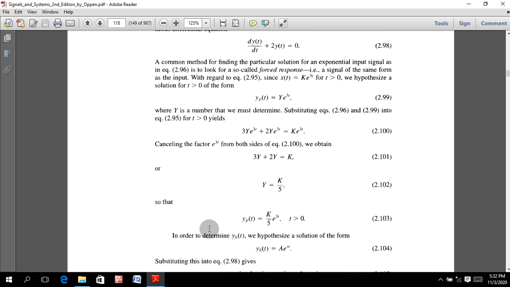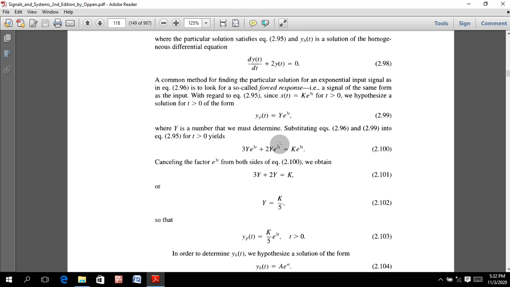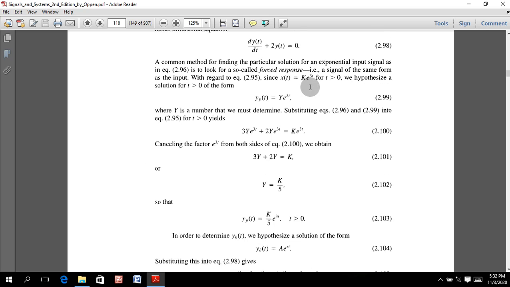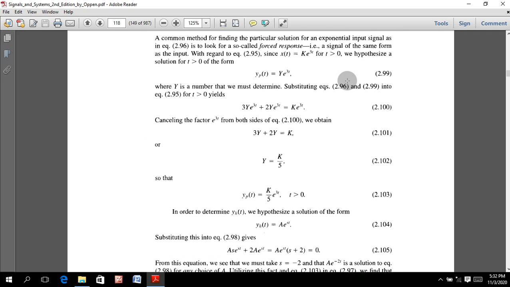Now, in order to determine the homogeneous solution, we hypothesize a solution of the form y_h(t) equal to A e to the power st. Now, A e to the power st is nothing but a similar solution for the exponential. So now we will put this A e to the power st value in equation 2.98.